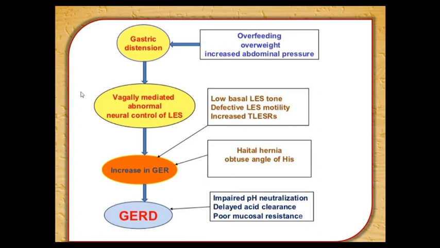Then, if these symptoms persist and cause what are called troublesome symptoms or complications, this will lead to gastroesophageal reflux disease. And of course, there will be impaired pH neutralization due to the difference between the acidity of the stomach and the esophagus, and delayed acid clearance with poor mucosal resistance.